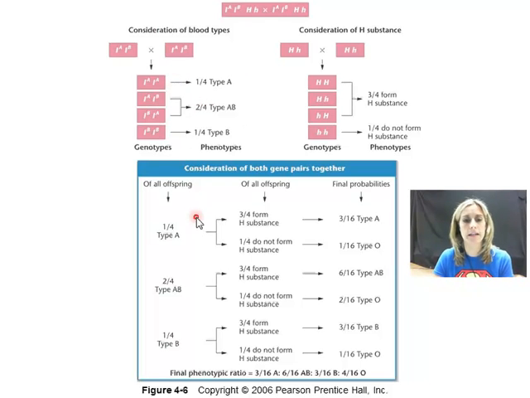This 3/4 and 1/4 ratio is going to happen within each of these groups: the type A group, the type AB group, and the type B group.